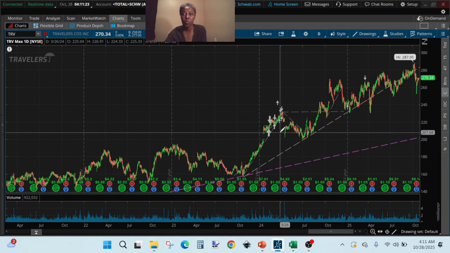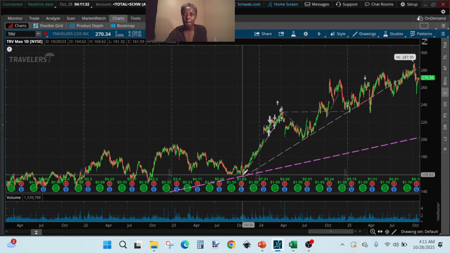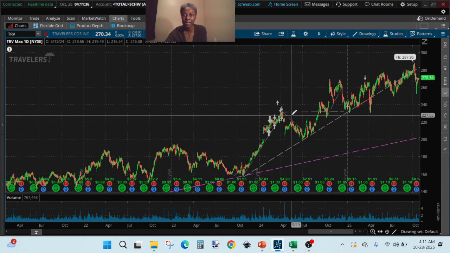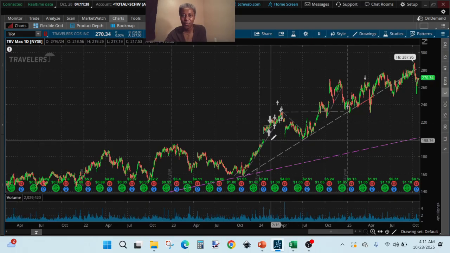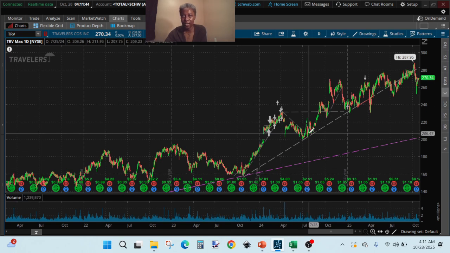There are multiple strategies that you can use to swing trade, and the one that I like to use is buying and selling along the zig of the swing of the zigzag, assuming this is the zig and this is the zag.